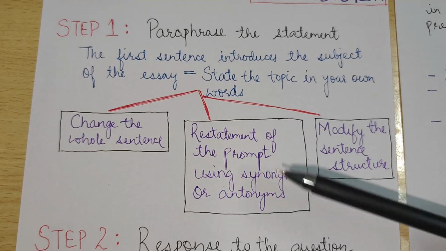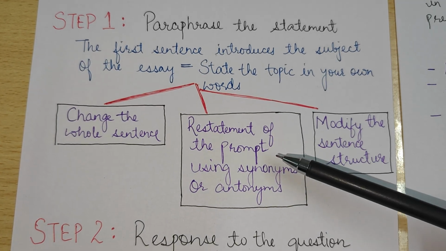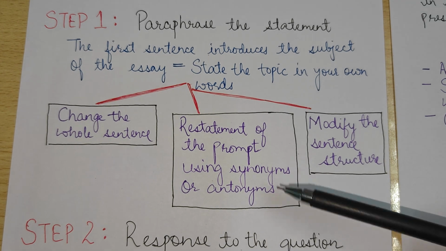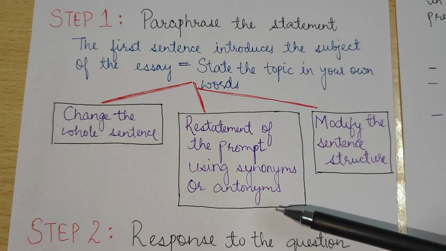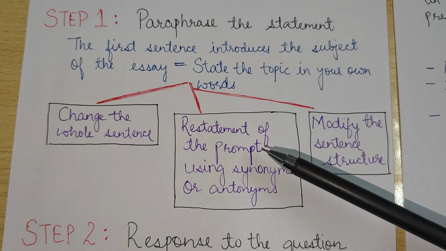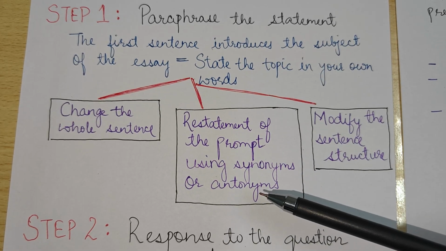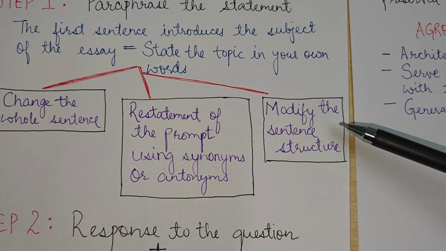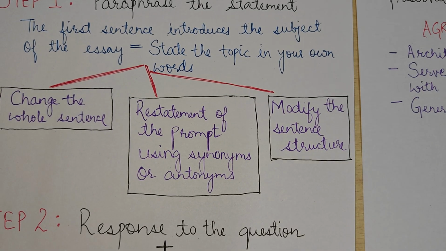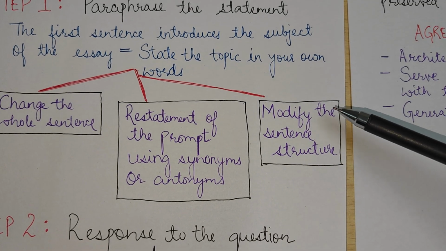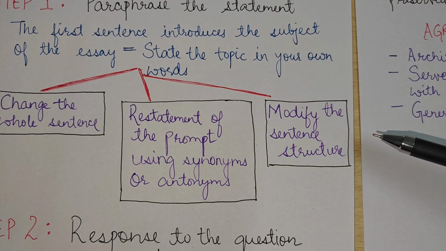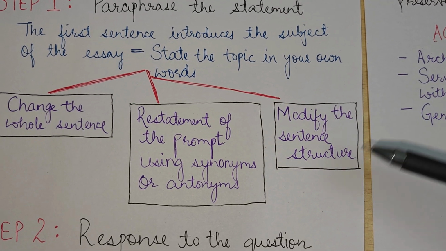Or you can choose the second option, which is restating the prompt using synonyms or antonyms. You can use different words, synonyms or antonyms, and restate this topic in your own words. Or you can modify the sentence structure, which means you put one part of the sentence before or later, depending on the sentence.